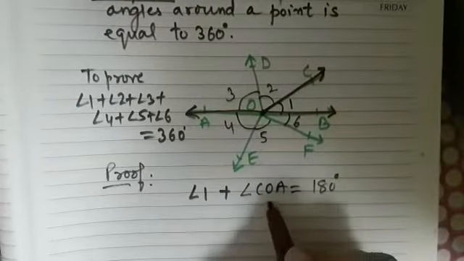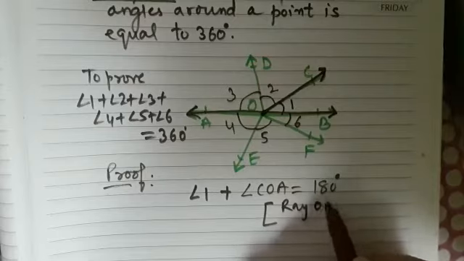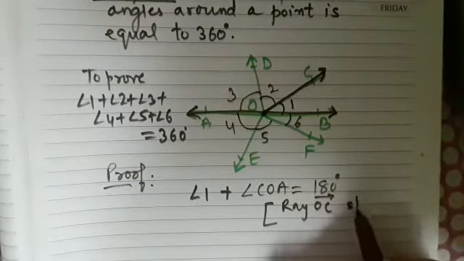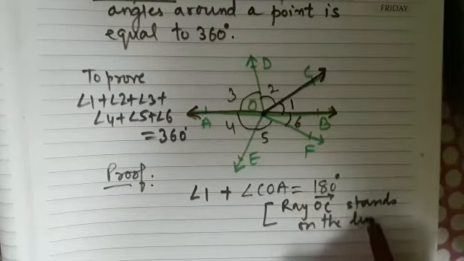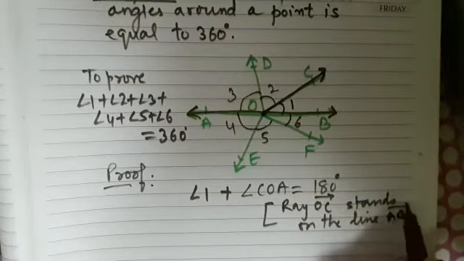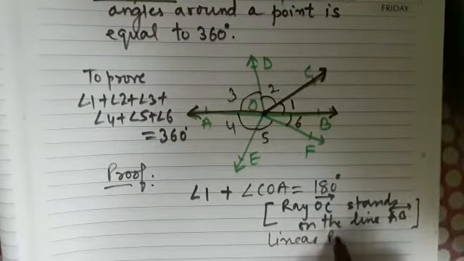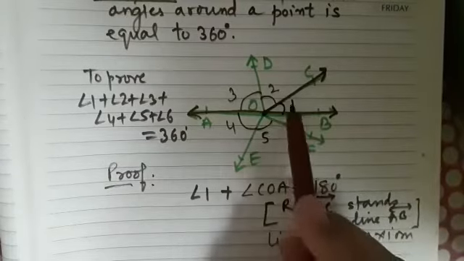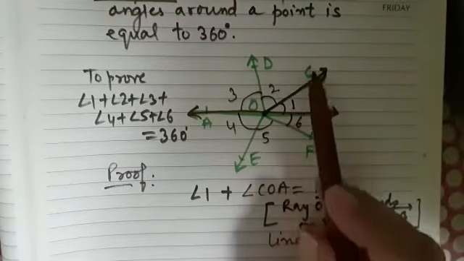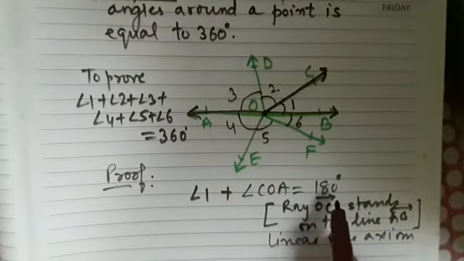So we can write it here, ray OC stands on the line AB. So by linear pair axiom, angle 1 plus angle COA equals 180 degrees.